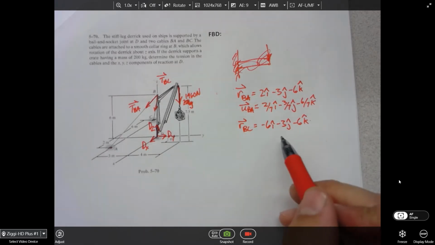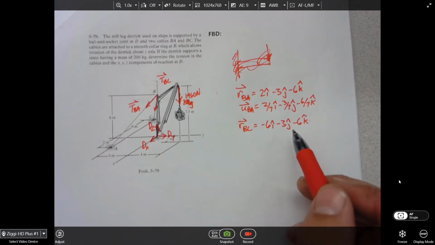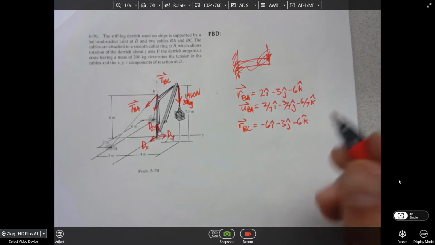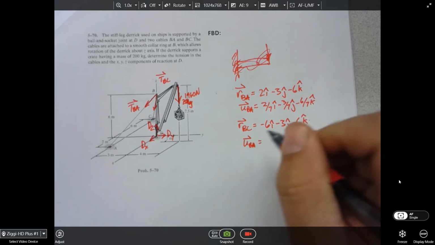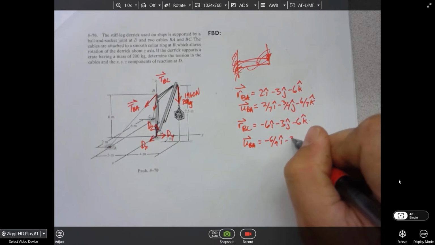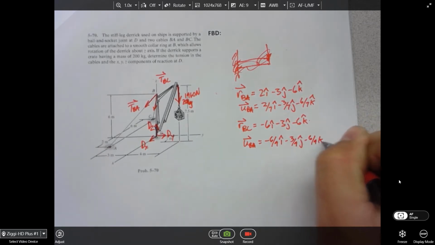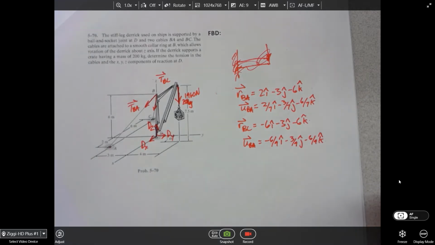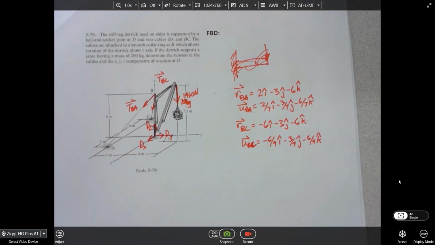So that's 36 and 36 is 72, plus 9 is 81, so it's 9. So UBC, just finding the unit vector here, would be negative 6/9 I minus 3/9 j minus 6/9 k. Okay.